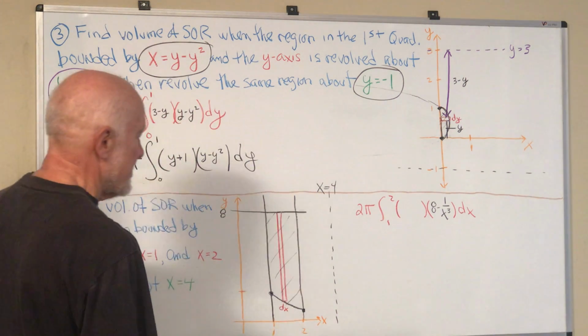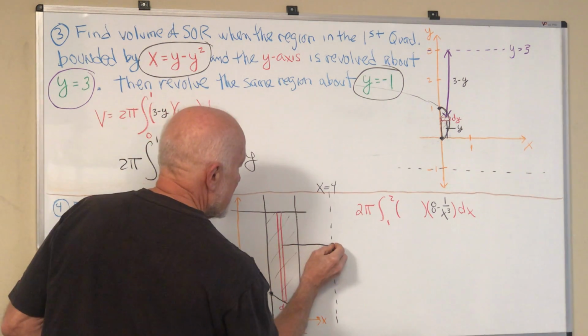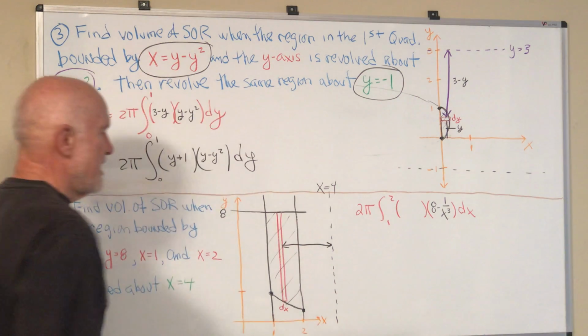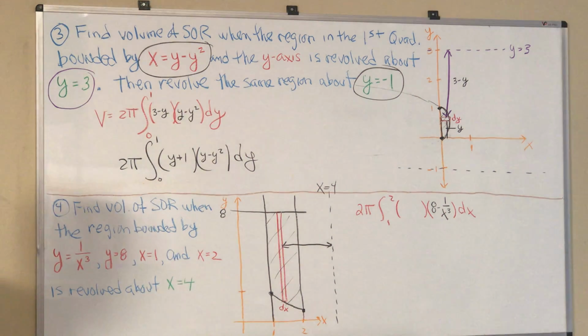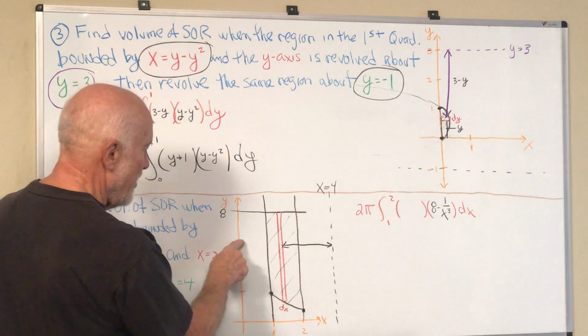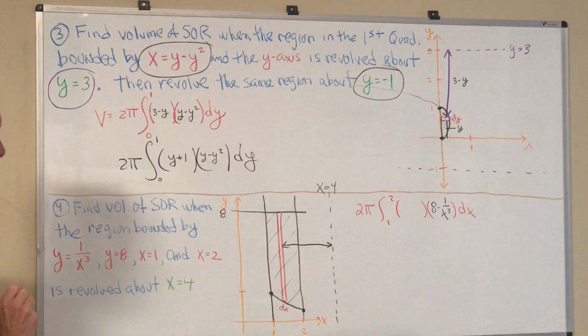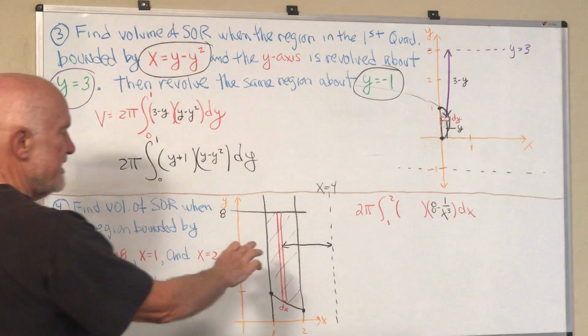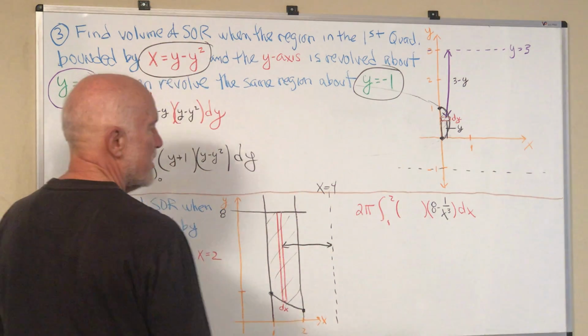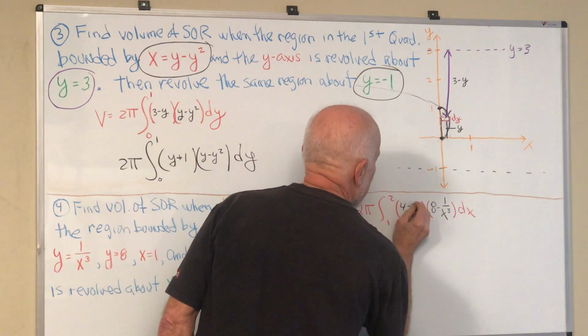And the radius is going to be like this. So from here to here is x, and then this is going to be 4 minus x.